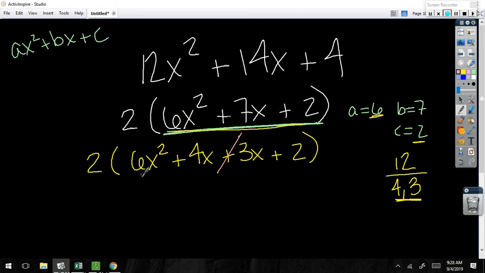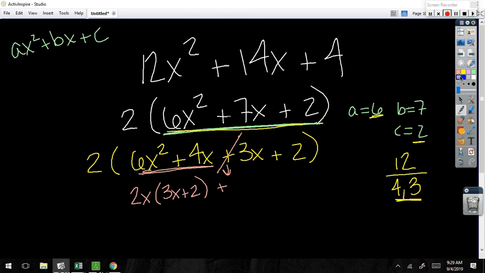But look at the first 2 terms. What's the GCF there? 2x. Take it out, and what's left? 3x plus 2. The middle sign stays in your problem.